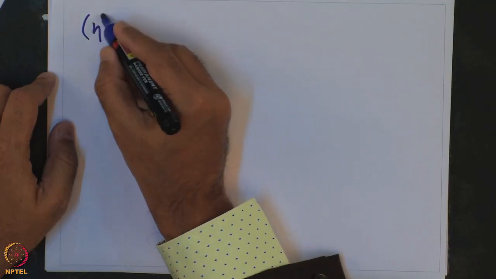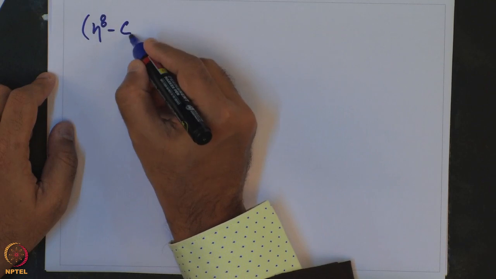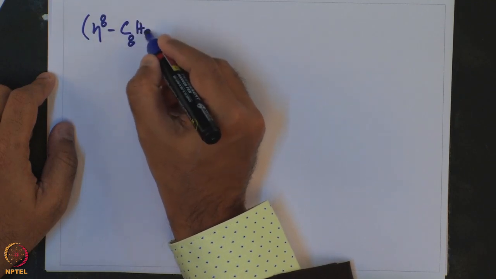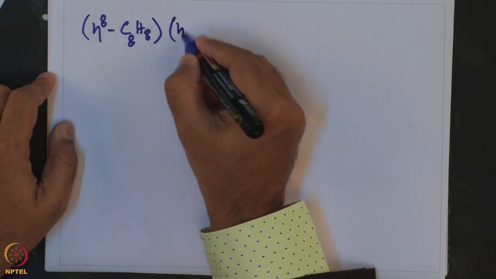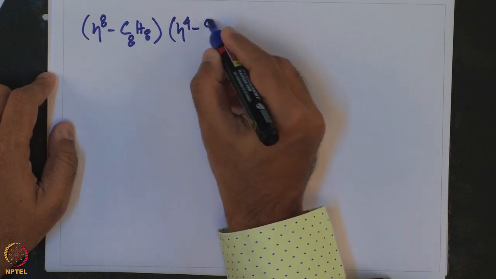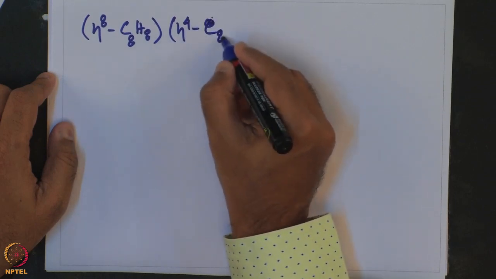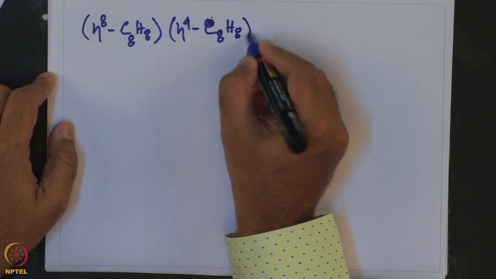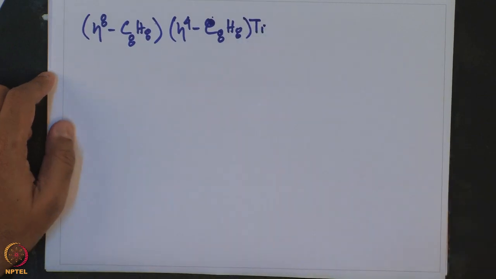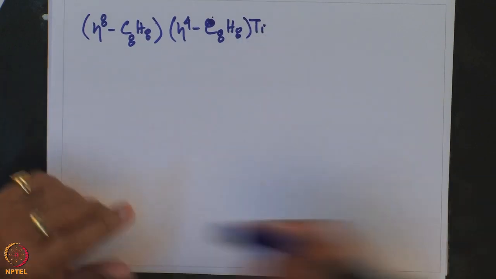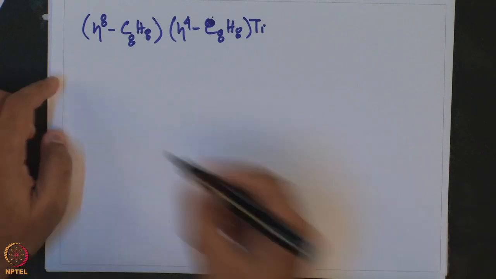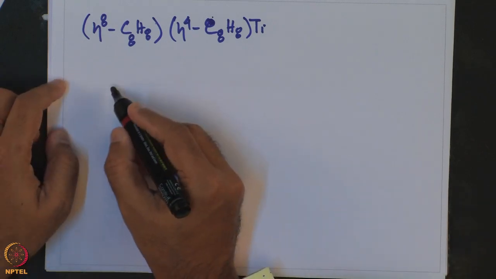A very nice example of this is seen for the complex eta 8 C8H8 eta 4 C8H8 titanium. So, this can be illustrated by the structure.